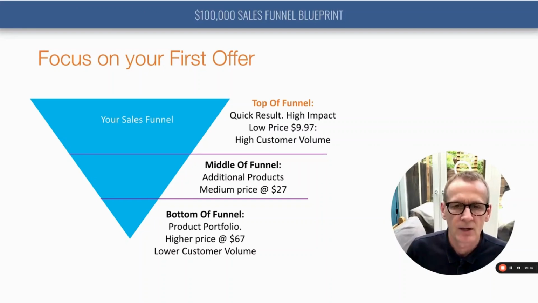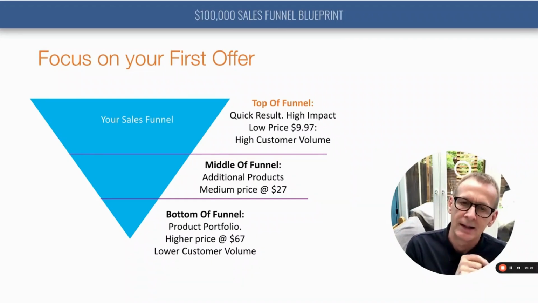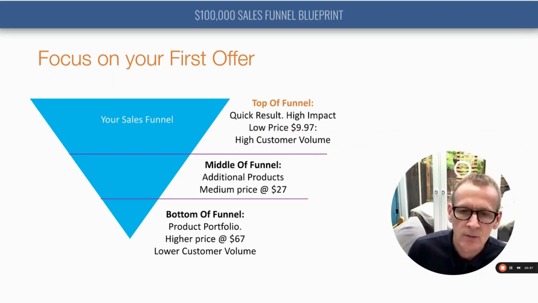So my advice is always focus on top of funnel, and that's what I still do now. In fact, my upsell page, which is my $67 product, I know it's not the best converting page, but it converts because of what comes before it, because that top of funnel bit is so much more engaging from an audience, a compelling offer, offers fantastic value, and they're then in the right mindset when I present them with the upsell, which again is fantastic value.